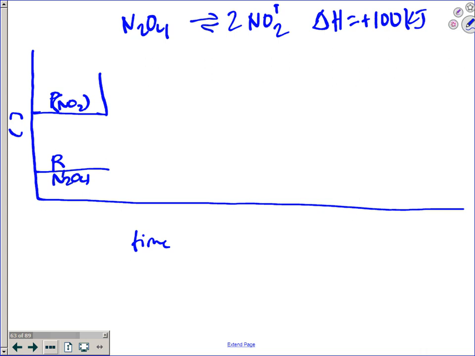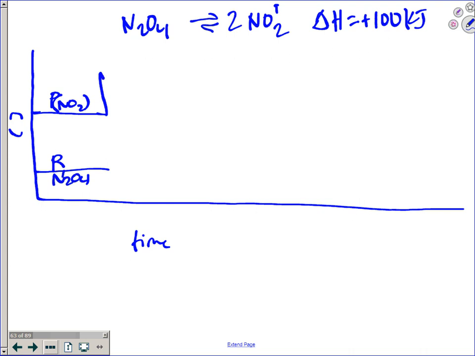Left. We increase a product, it has to shift the opposite direction. To achieve equilibrium again, what does it need to do to this? Decreases. So I've increased this, there's a bump in the graph. Now this has to shift left. When it shifts left, this concentration is going to decrease, and this concentration is going to increase.